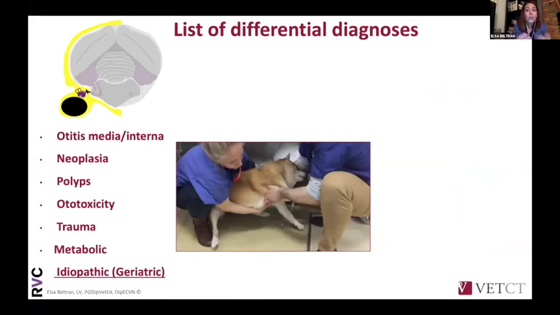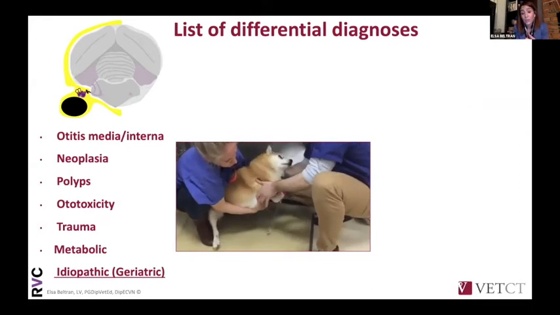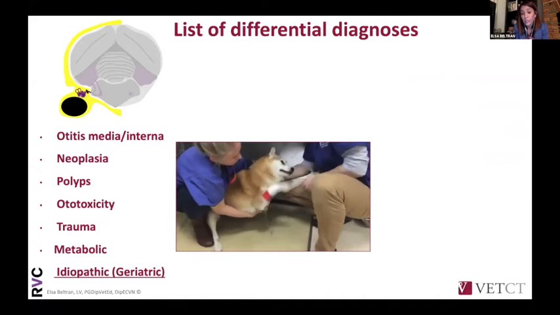And the list of differentials, mainly we're talking about the peripheral vestibular syndrome. We can have otitis interna associated with media, we can have neoplasia, we can have polyps, we can have ototoxicity, we can have trauma, we can have metabolic or endocrine causes such as hypothyroidism, or the idiopathic. Idiopathic geriatric is probably one of the most common ones that we see with peripheral.